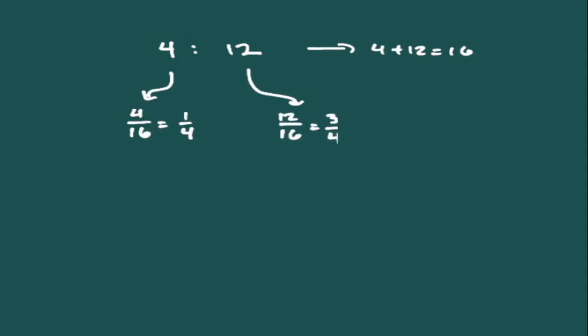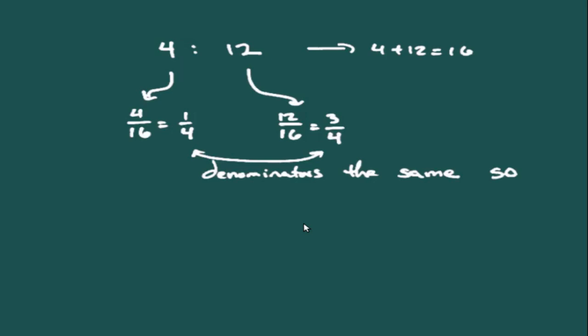To see how that simplification might work, we start off with our ratio 4 to 12. That gives us 4 plus 12, or 16 total parts. So the fraction we have from the first one is 4 over 16, which simplifies to 1/4. The 12 would then give us the fraction 12 over 16, which simplifies to 3/4. Since the denominators are the same in that case, we can just say 1 plus 3 gives us 4, so that would be the same.